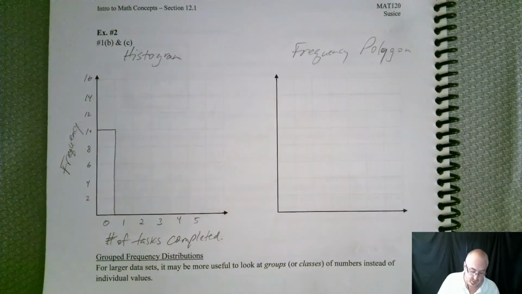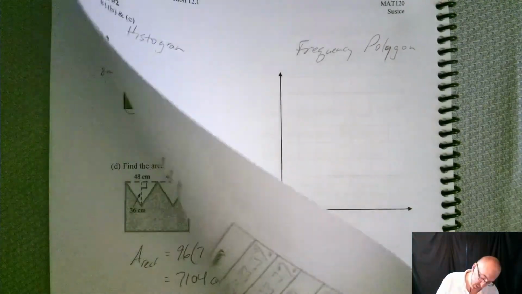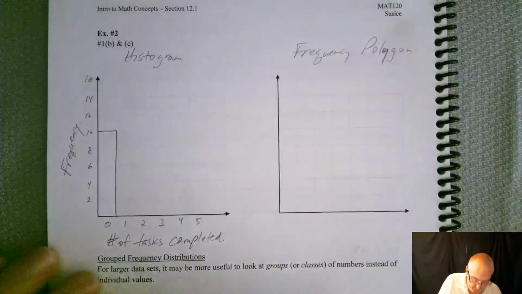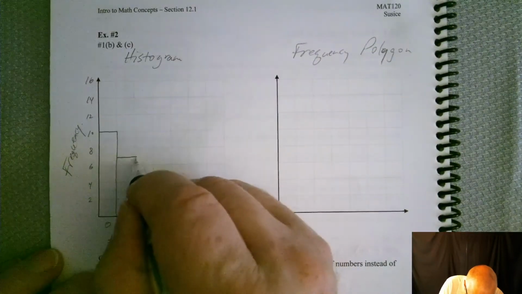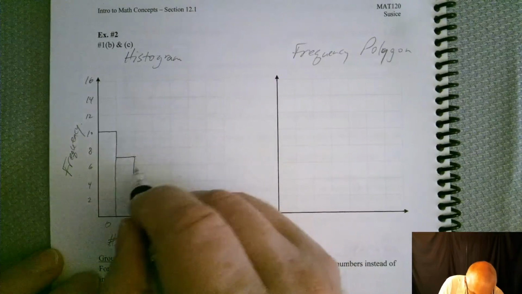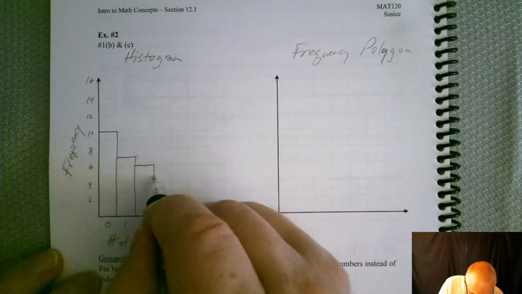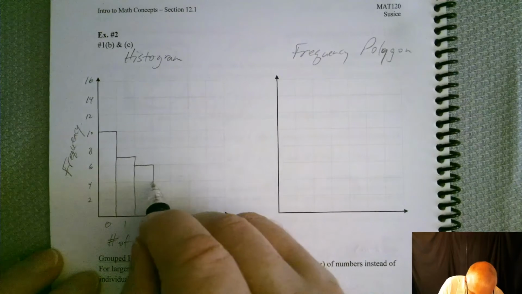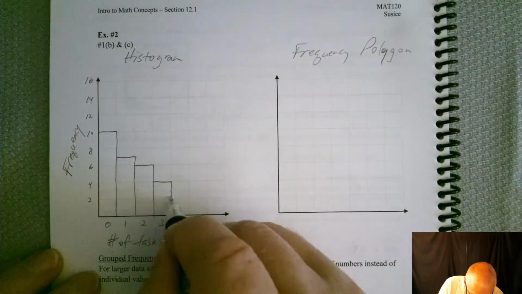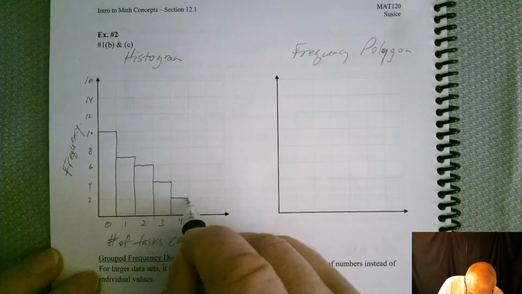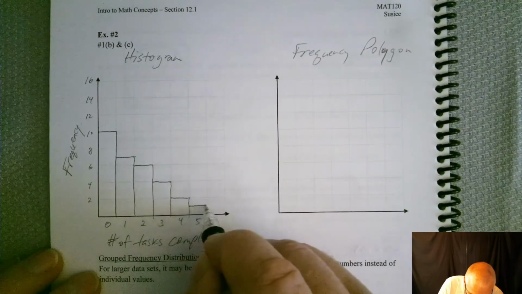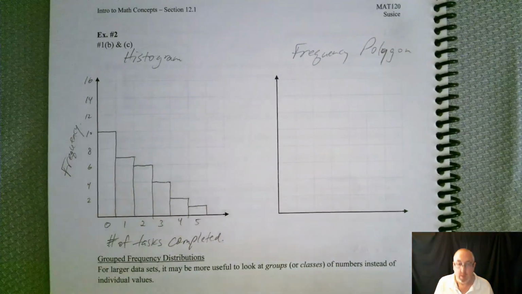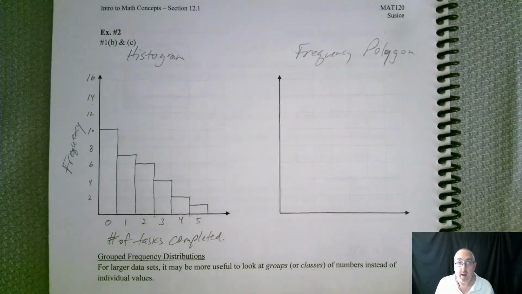The next one, because I've already forgotten, was 7. And then 6. And then 4. And then 2. And 1. So that should be our histogram.